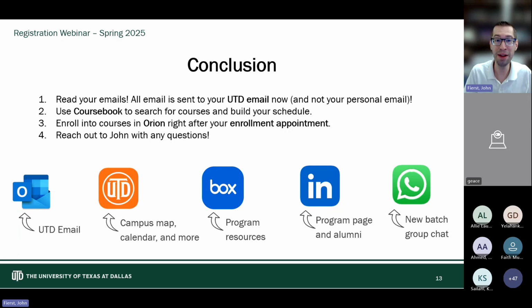And before I got on this call, I made a new batch group chat on WhatsApp for everyone, but it looks like you guys beat me to it. So I don't need to worry about dropping those WhatsApp groups in the chat because you guys already took care of it. It looks like Abir, you made the supply chain one.